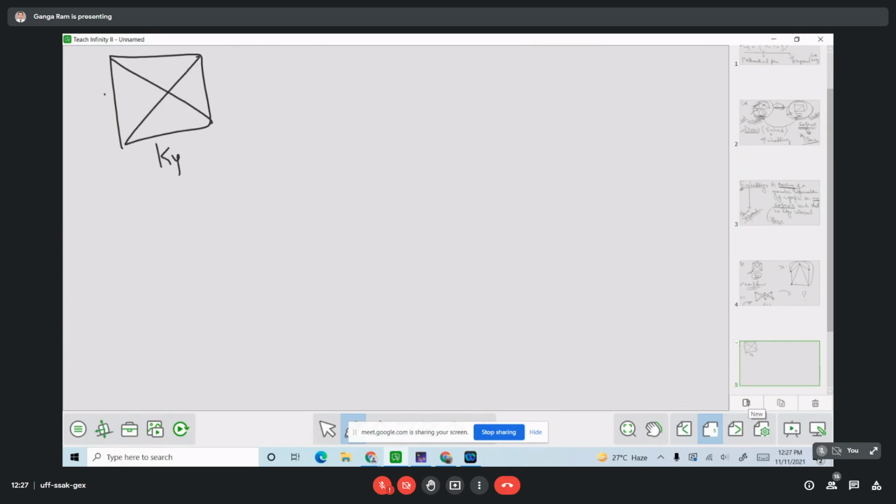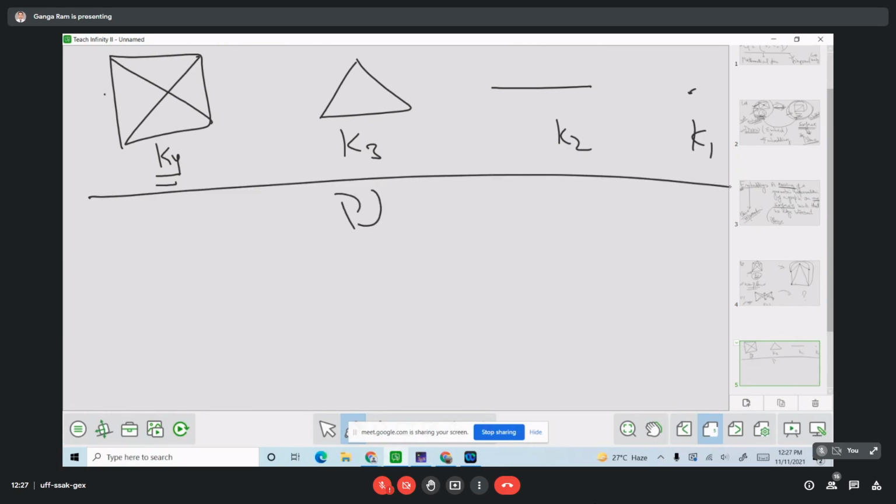This is K4, this is K3, this is K2, this is K1. Clear? All are planar graphs, but K5 is non-planar. Clear?